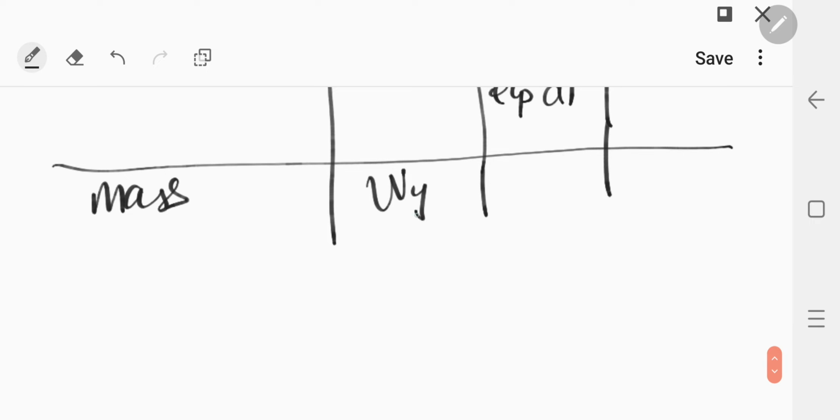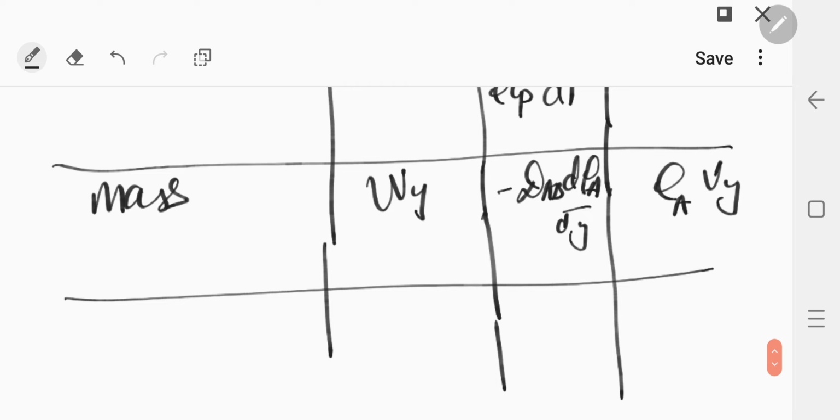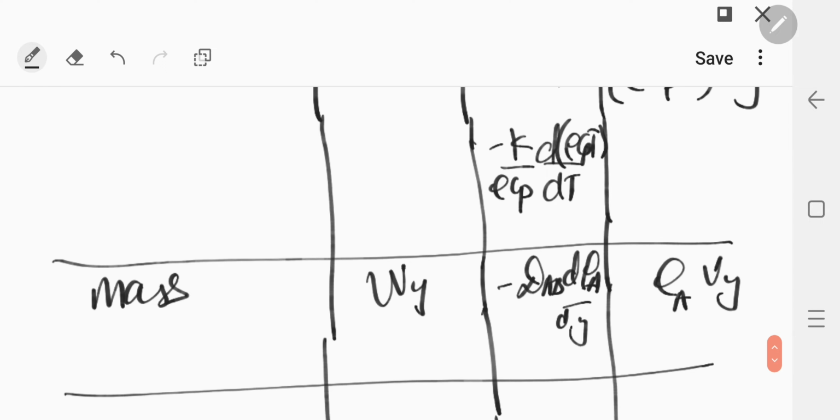It's represented by w y, which is minus D AB d rho A by dy. That is, I'm dealing with the mass of A over here. And the convective flux will be rho A into the velocity in the direction considered. So you can see the total flux is nothing but the sum of the molecular flux and the convective flux.